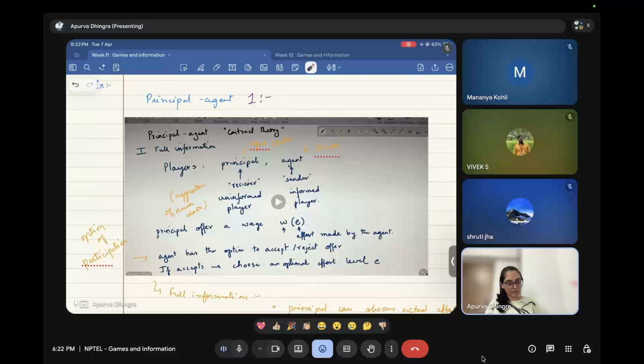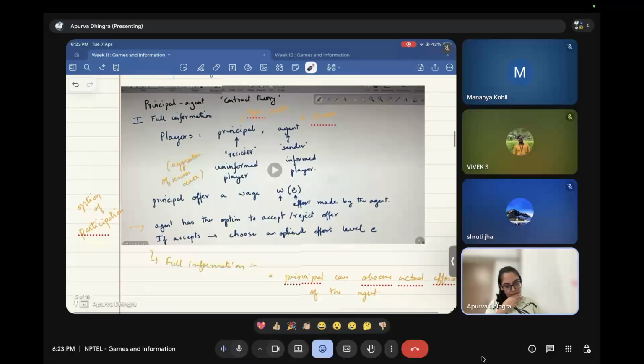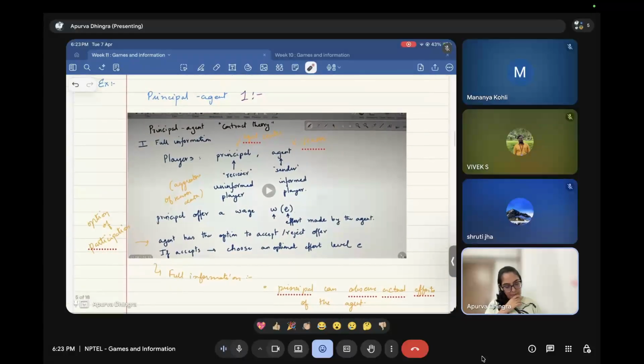So we're going to look at some very simple examples to try and motivate these things, just a little bit, to see how this still fits into the framework of game theory and how this can be modeled as a game. So let's take this particular example. Here, principal is the first one, agent is the next one.